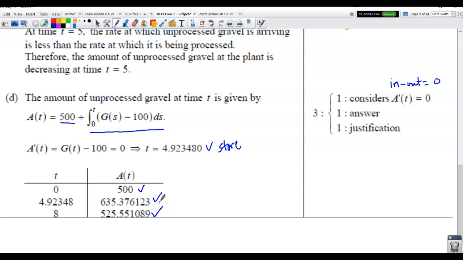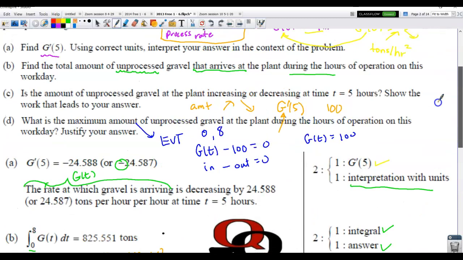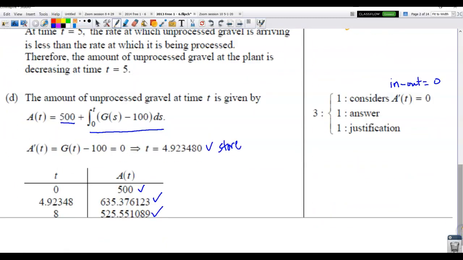Now, I will say, because there is only one critical number here, and we were looking for the absolute, where's our answer? We were looking for the absolute maximum amount. So the absolute maximum amount occurs at the critical number.